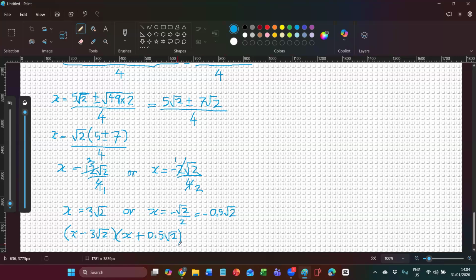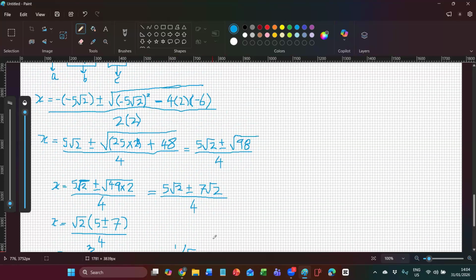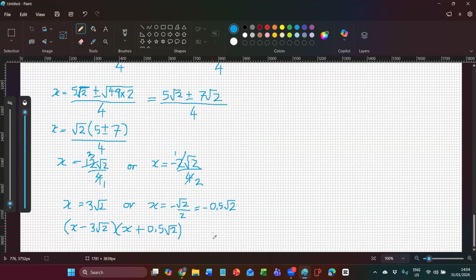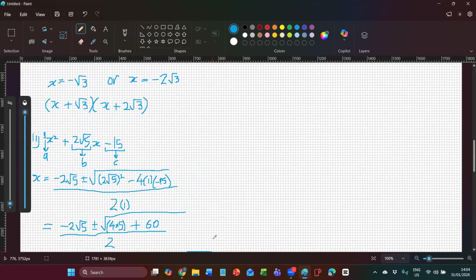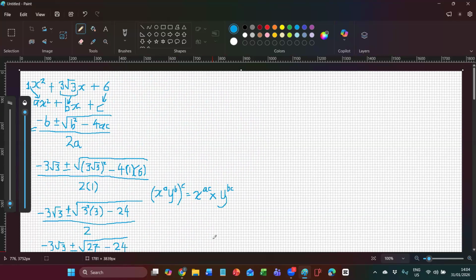Are you good with it? Yes, sir. All right. So this is how we solve these using the quadratic formula. Okay, let me put this in a box. So when you're looking at it, you know that it's just an indices law that I was applying.